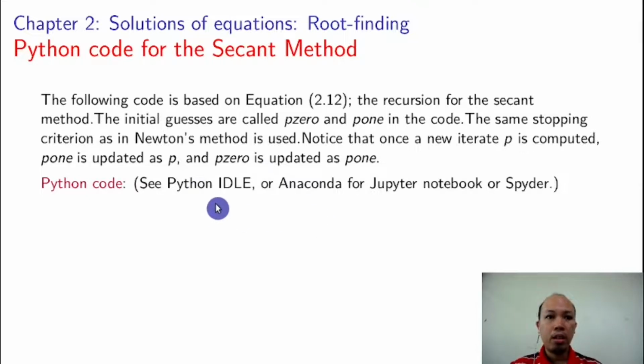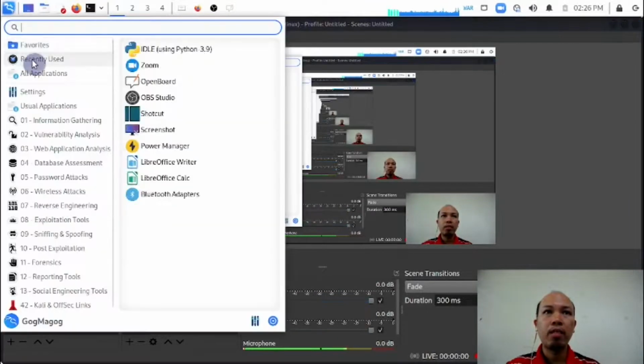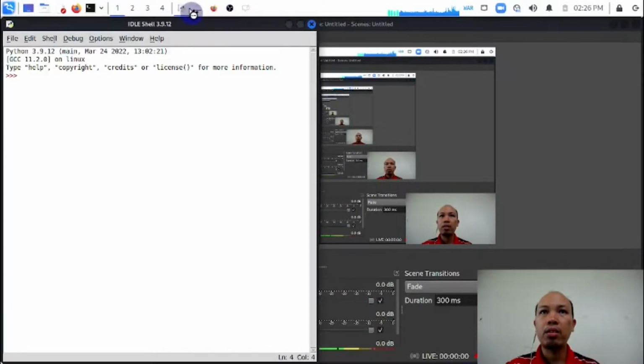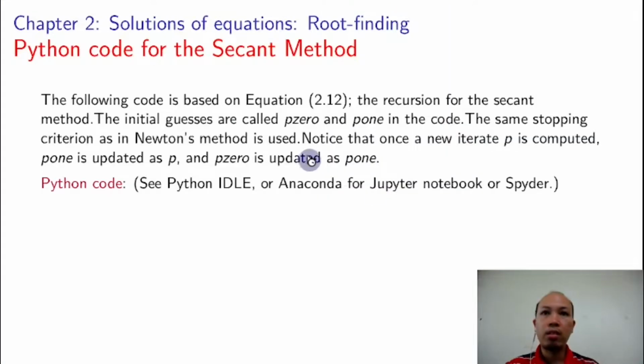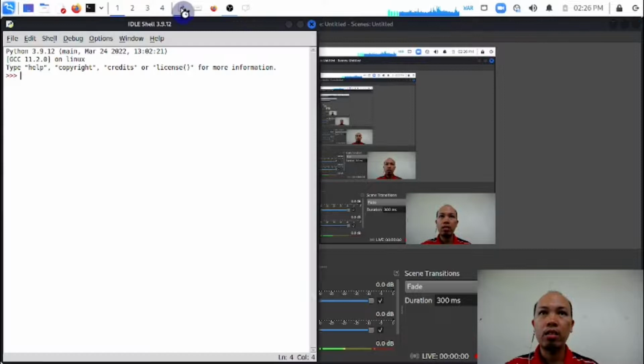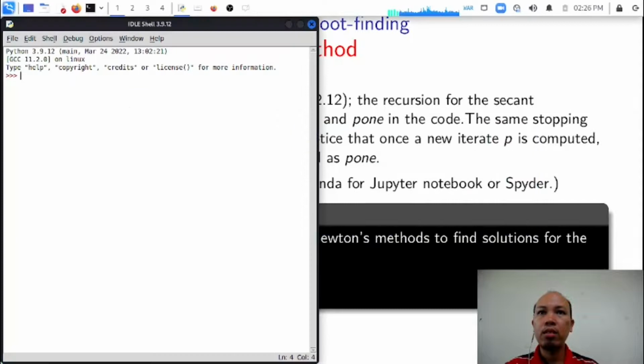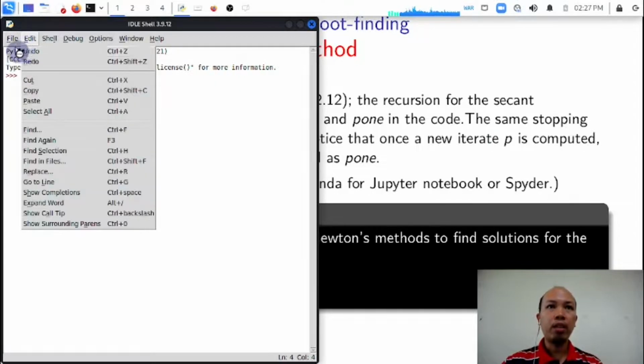So let's open now our Python IDLE. Let's open a new file.